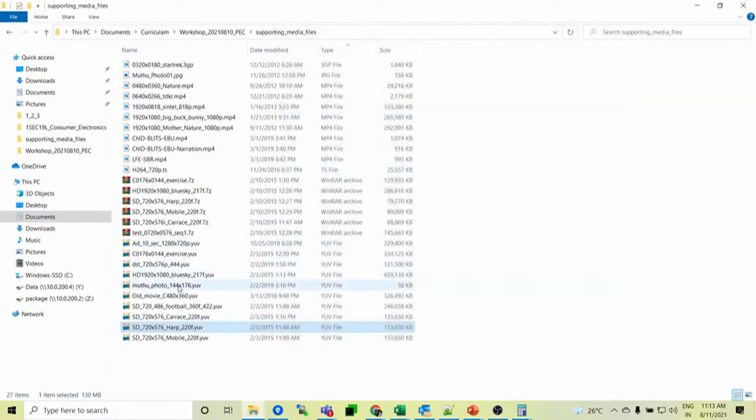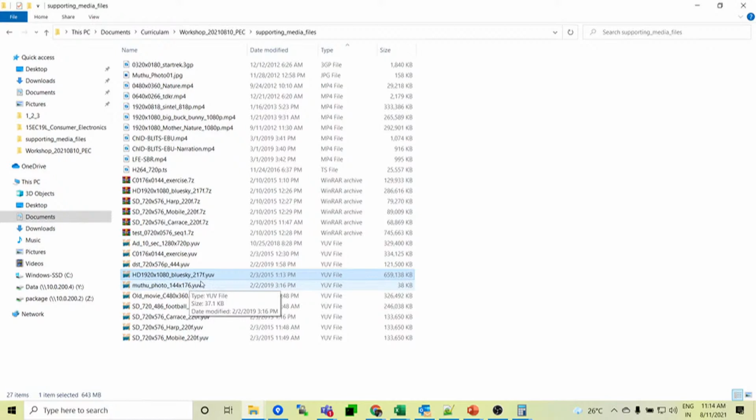So this is all. Now let's see this particular one. This particular file is 1920 cross 1080, 420 only, and the number of frames will be 217 frames. Can you cross verify the file size here? The frame rate will not come because I gave the total number of frames.